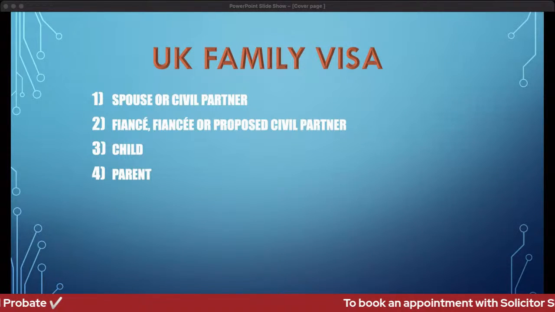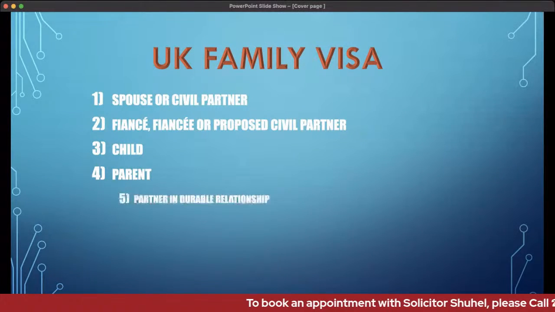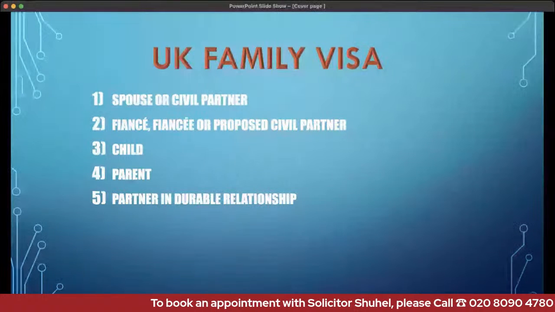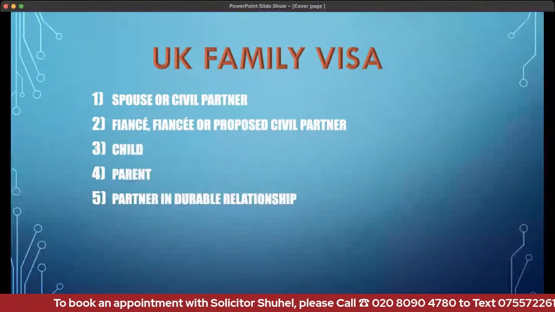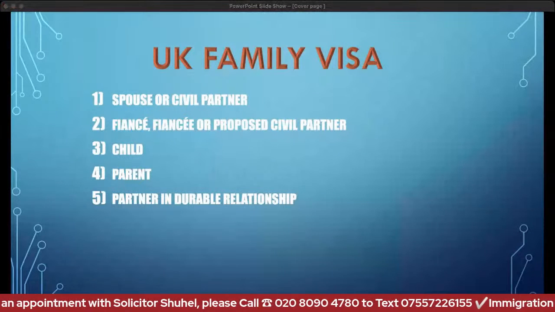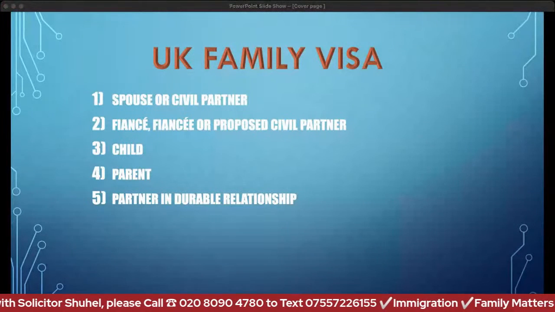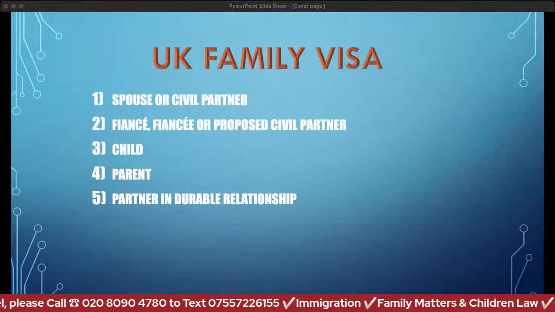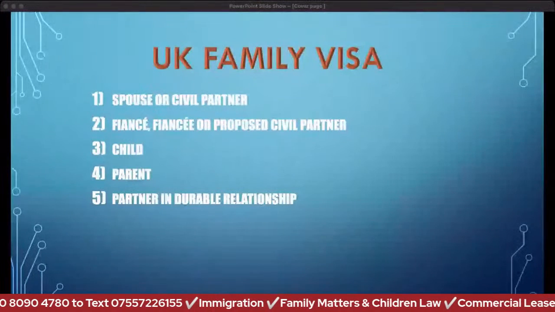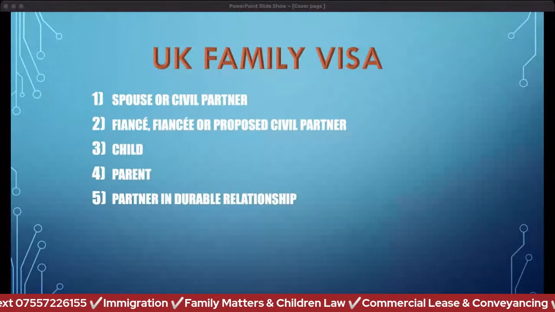Let me move to the next category of visa, which is partner in a durable relationship. When you are in a durable relationship with your partner, that means it is akin to marriage. This is the decision of the court. And what is akin to marriage?